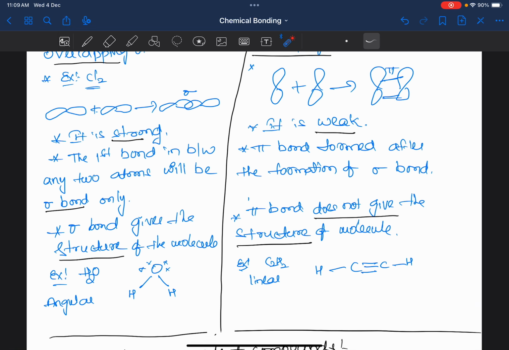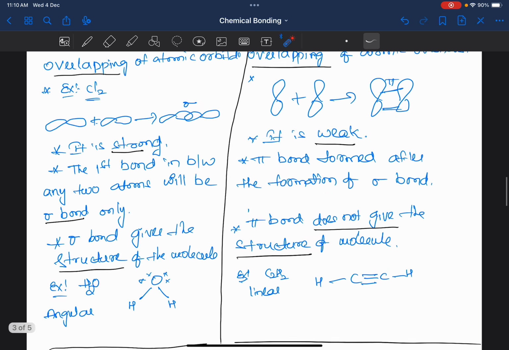So the point is that pi bond does not give the structure of the molecule. With pi bonds, we will not confirm the structure, but with sigma bonds, we can say the structure of the molecule.